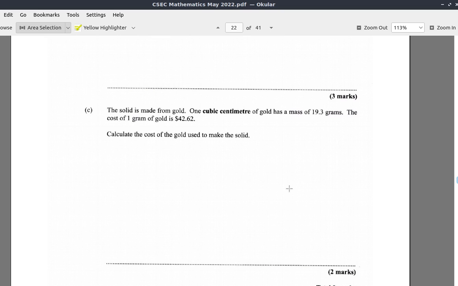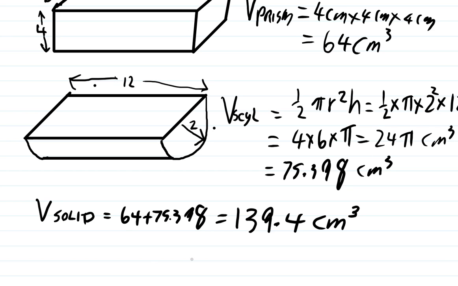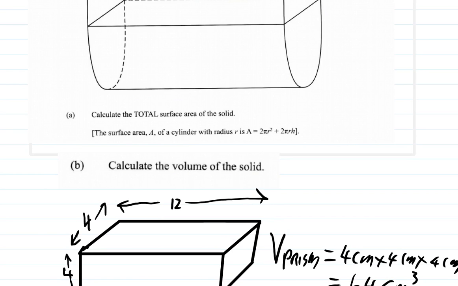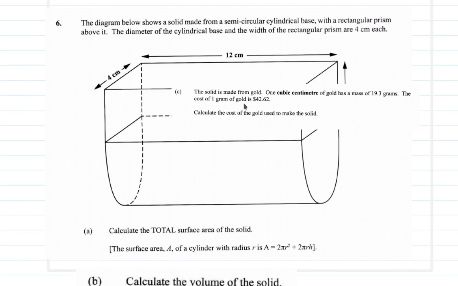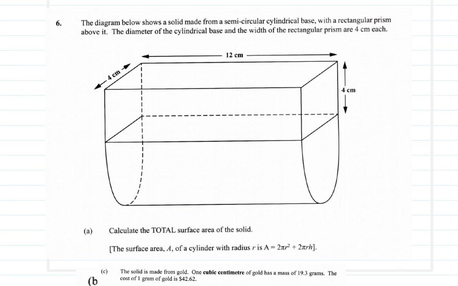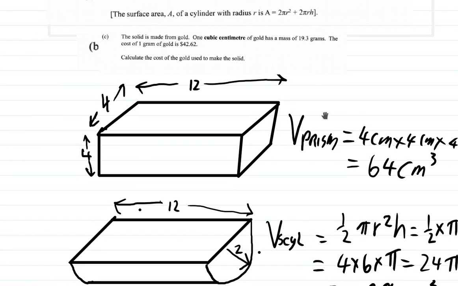Alright, so let's copy this and paste over there. We know that it's 139.4 cm cube. So we're going to put that there. Where's the thing that I just pasted? It's gone all the way up here. Alright, so let's put it down here.